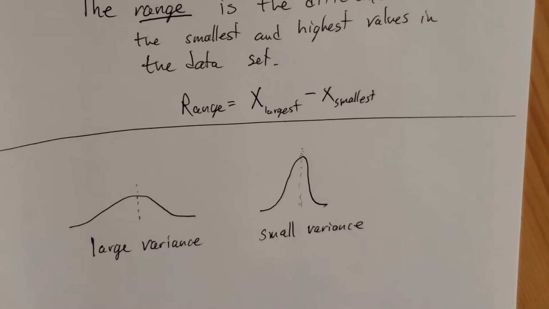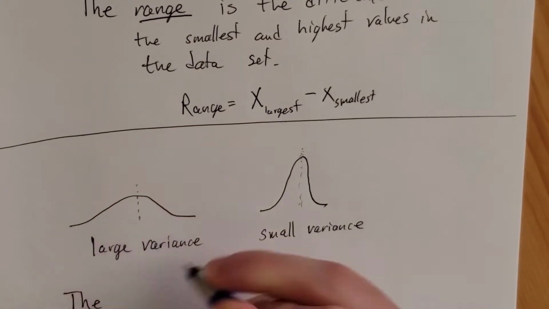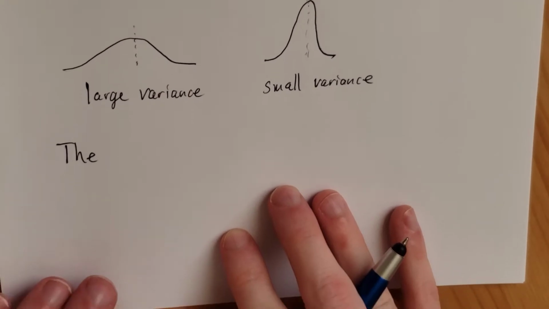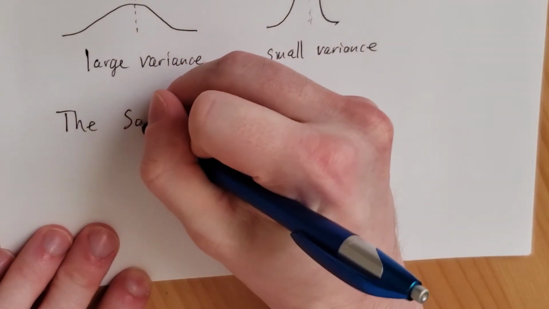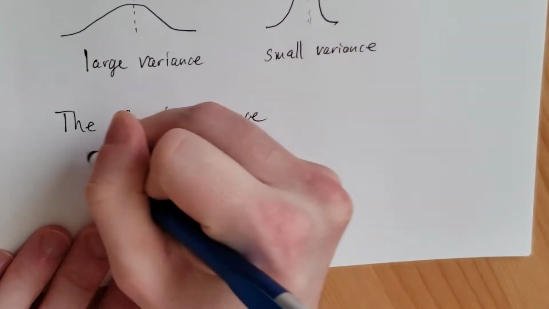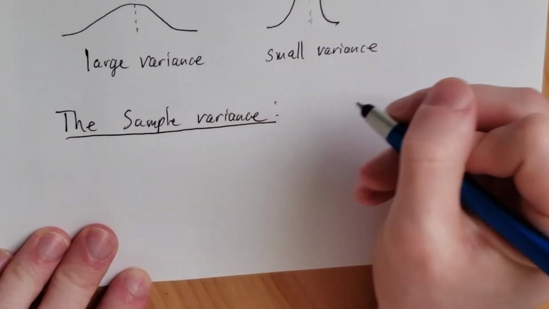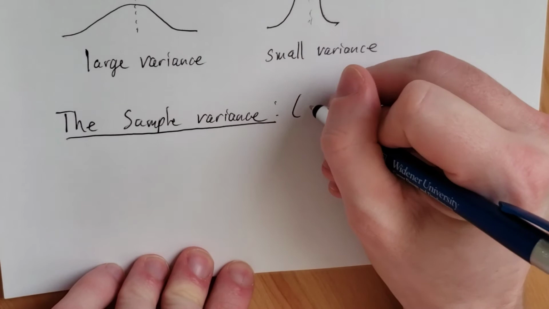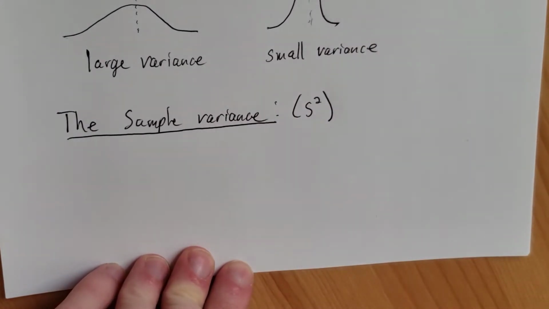Okay, so there's two values that we want to calculate that are related to this topic. And the first one we're going to look at is called the sample variance. We use the notation s squared for this.